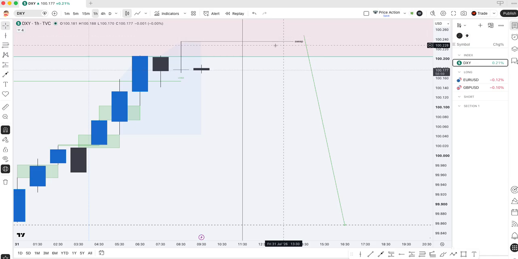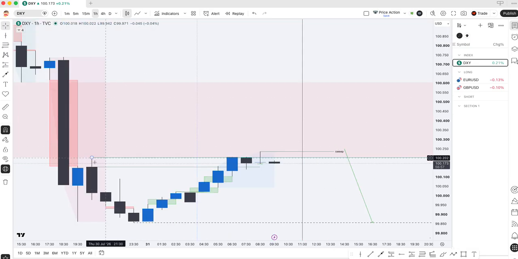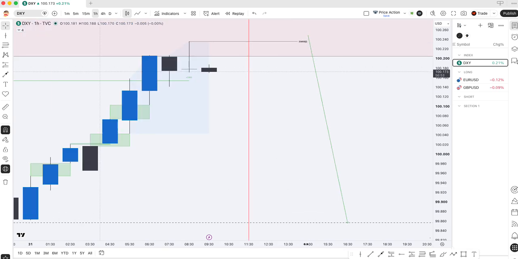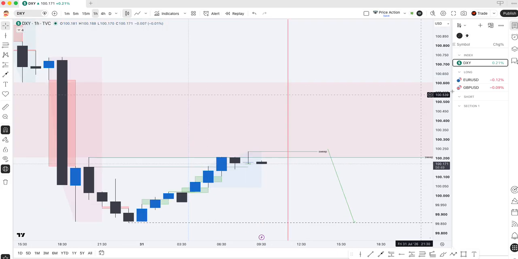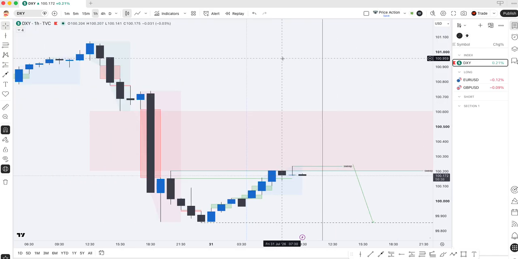We sweep Asia high, we sweep the swing point, and we tap into the fair value gap, and then we push to the downside towards the drawn liquidity. So we have a point and we have time, which is called time and price. So overall, I'm bearish on DXY.